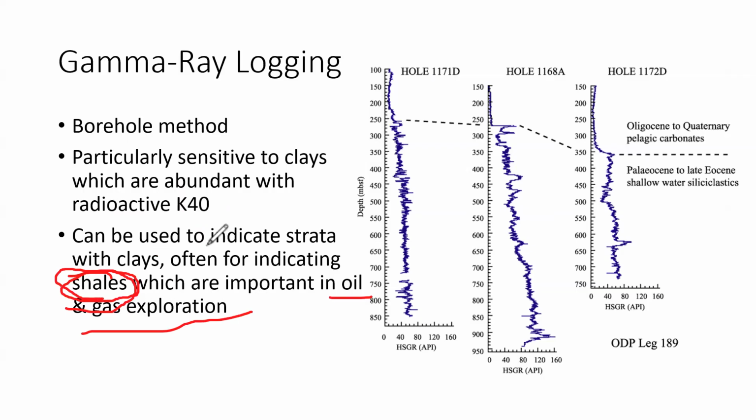They have important properties which trap oil and gas. So shales contain clays. So when you do gamma ray logging and you have a strong signature of potassium-40 radiation, you can relate it to the presence of shale layers, which is actually important for oil and gas exploration.